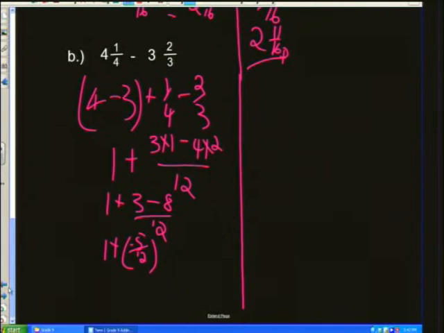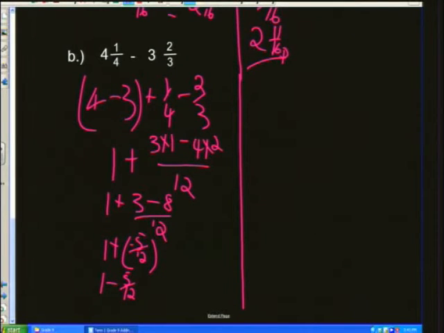Let's take it further down. When I multiply the signs, negative times positive gives you negative. So it's going to be 1 minus 5 over 12. Now here I'm going to subtract 5 over 12 from 1.